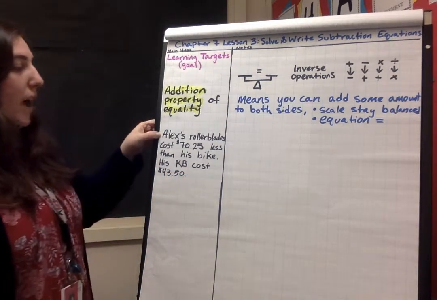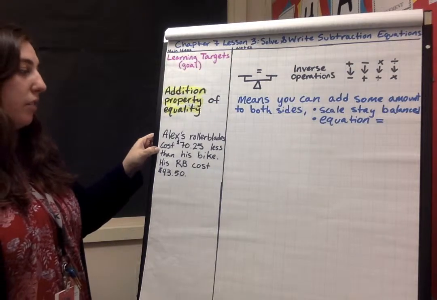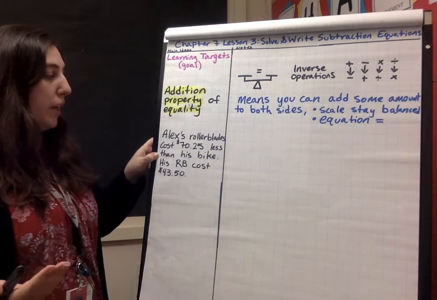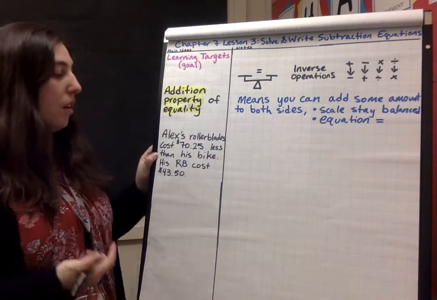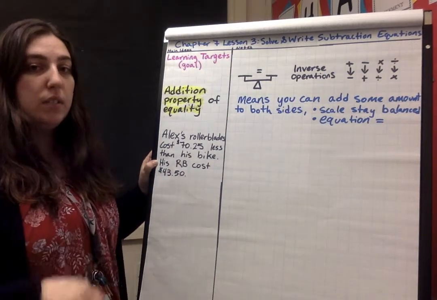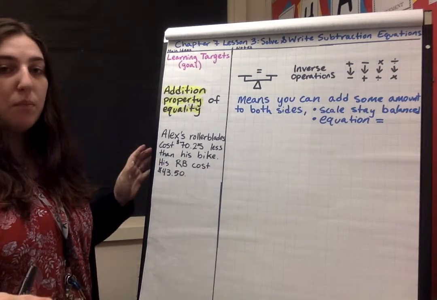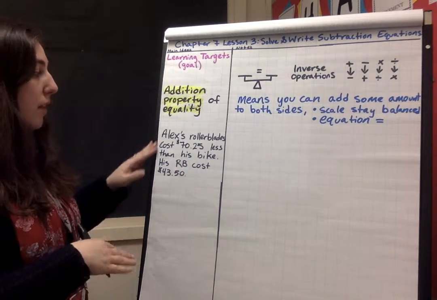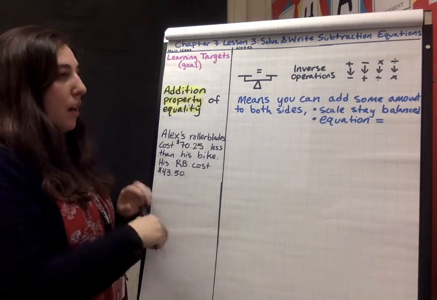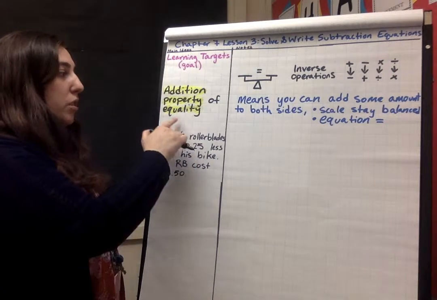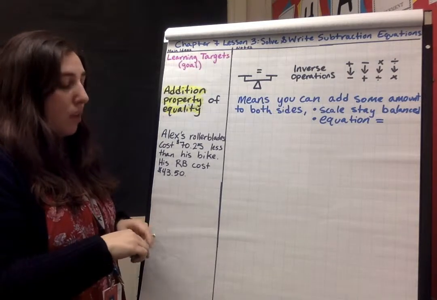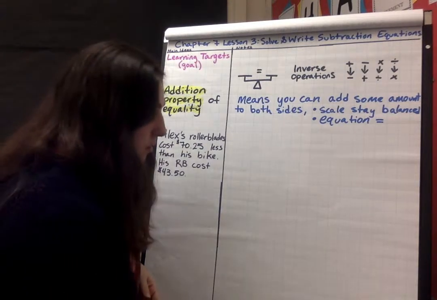Okay, so Alex's rollerblades cost $70.25 less than his bike. So that makes sense, right? That his rollerblades would cost less than a bike. And then it tells us his rollerblades cost $43.50. So we have some different pieces of information from what this is telling us. We are going to break it down over here following a process. And then later on, we are going to use the addition property of equality. So let's start breaking it down.